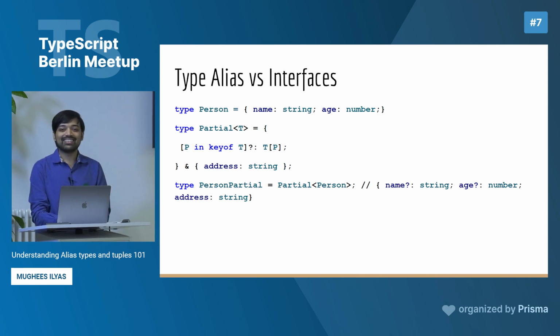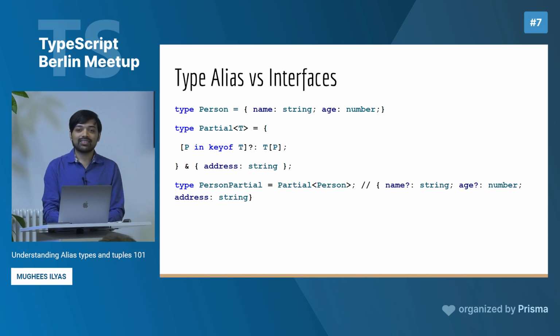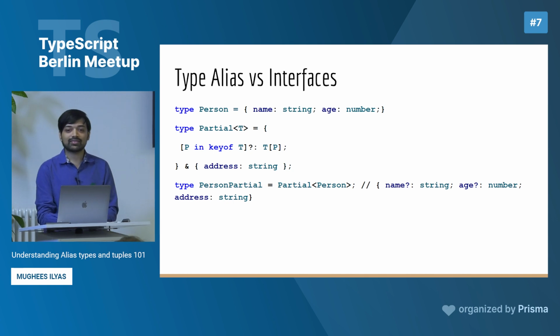Got it. So there is in fact one dimension in which interfaces are better than type aliases, which is editor support. If you hover over a type in VS Code, and that is a type alias, then VS Code will try to resolve the type all the way to the bottom, and that will admittedly make some of these types very hard to read, because it will remove any kind of abstraction that you had there, and it will make all of your types look way more complex than they are.